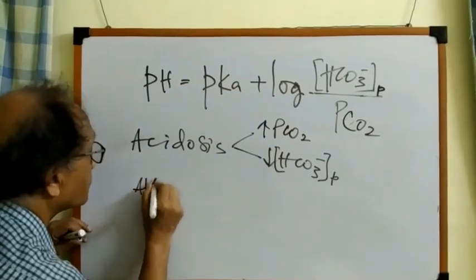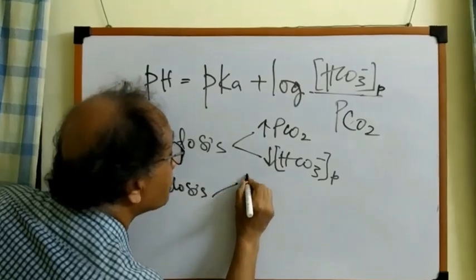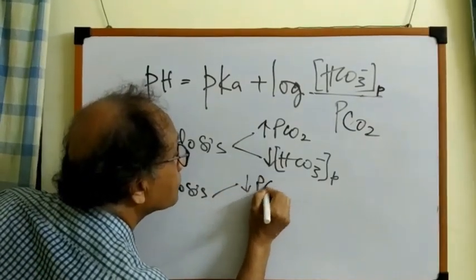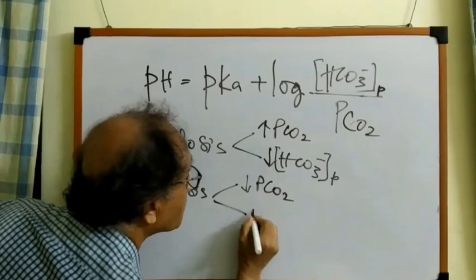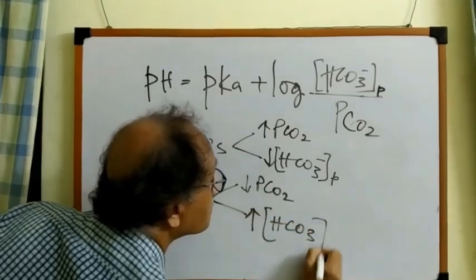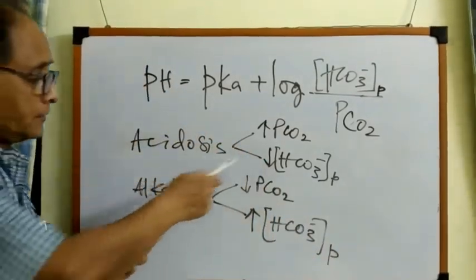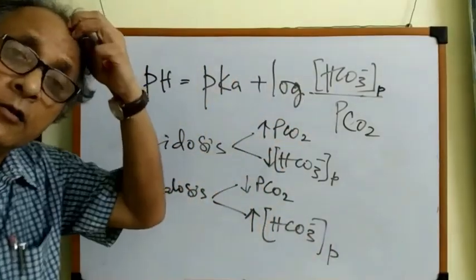Or alkalosis may be due to a fall in PCO2 or a rise in the HCO3 concentration. So this can be easily recalled.